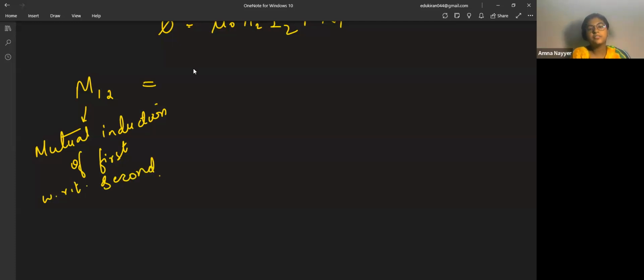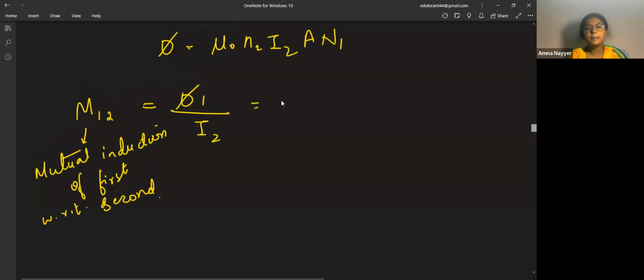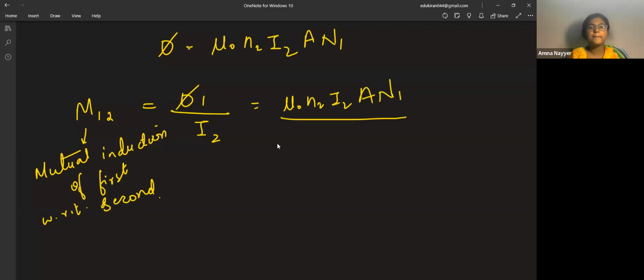So this becomes phi 1 divided by I2. Phi 1 is mu naught into I2 A N1 divided by, because current is also changing in the second one, divided by I2. Yes. So I2 will be cancelled.